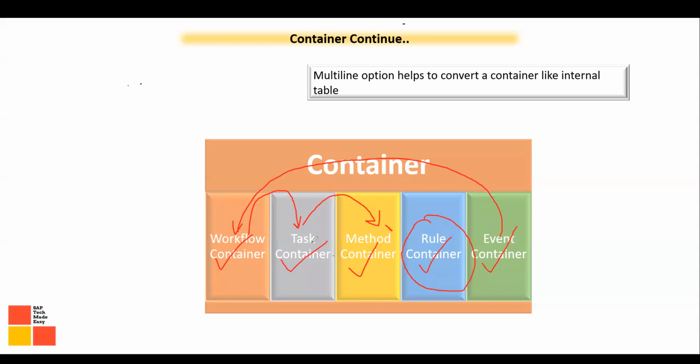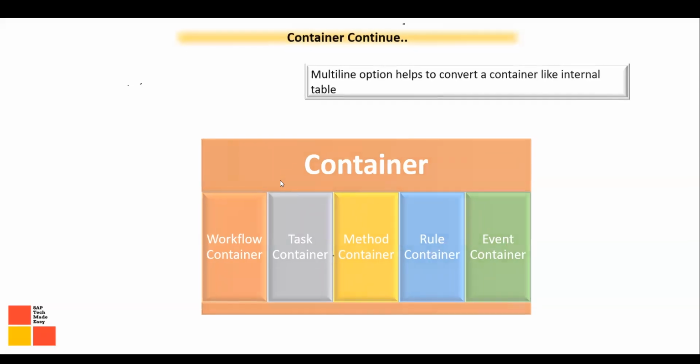So how the data flows in different types of container, that we will try to understand. Today I will show you from workflow to task, from task to method. Fine. So now let's go and check the next slides.